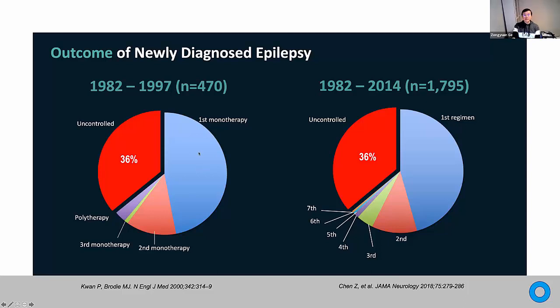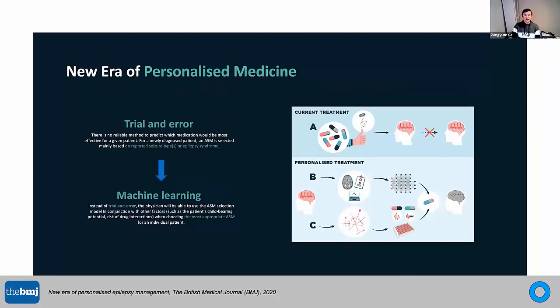Then that is because I think most of the traditional method of selecting the drug is more like trial and error, okay? So basically it means there's no reliable method to predict which medication would be most effective for a given patient. So for a newly diagnosed epilepsy patient, an anti-seizure medicine, ASM, is selected mainly based on reported seizure types or epilepsy syndrome, or more like a toss of the coin.